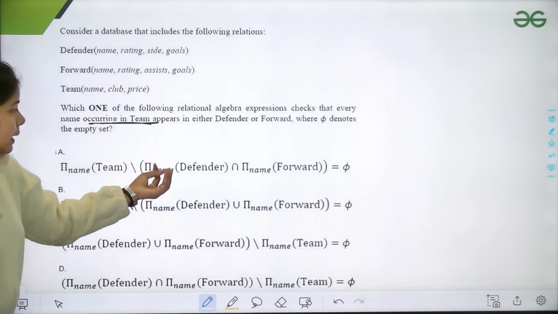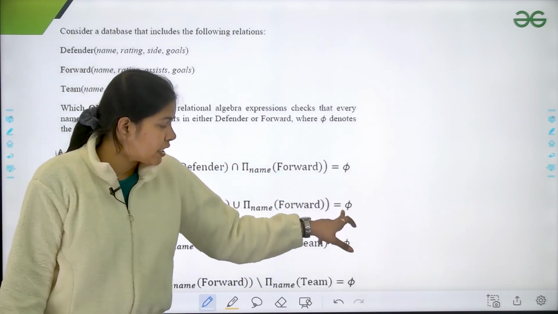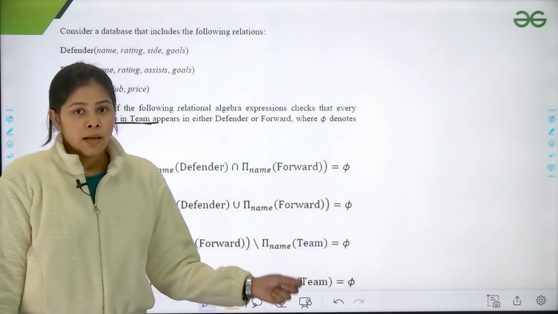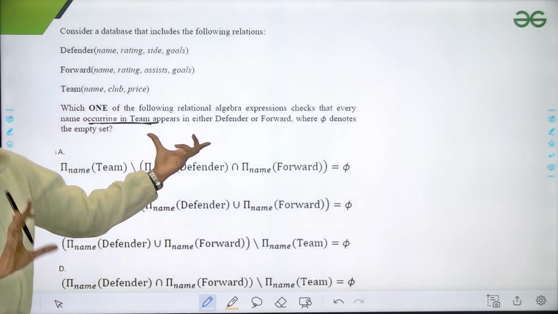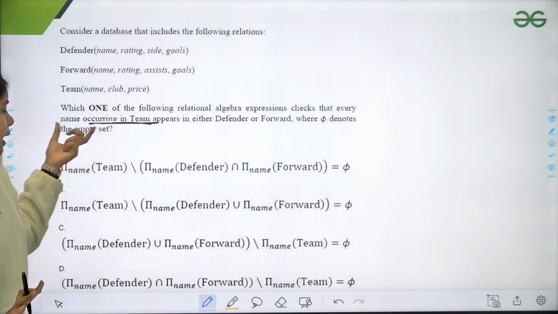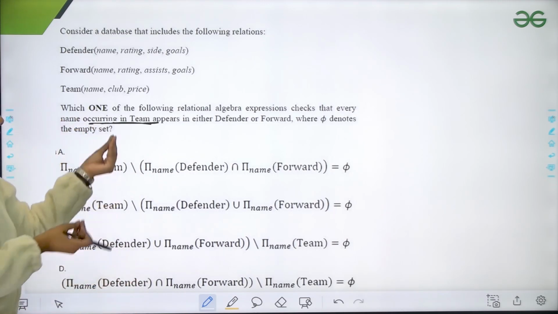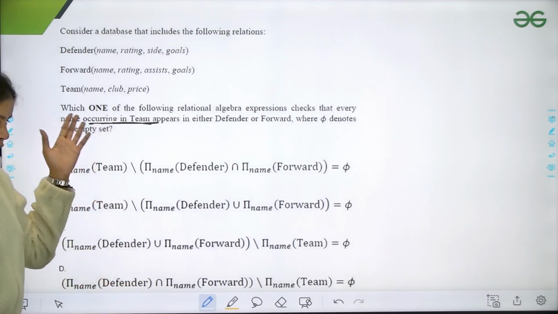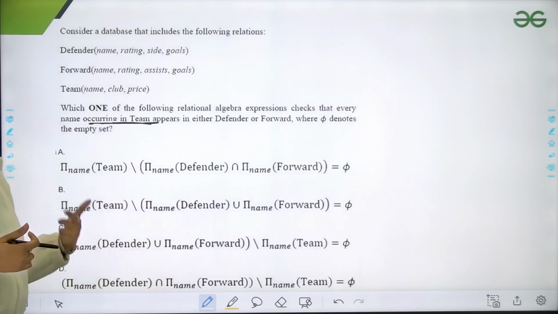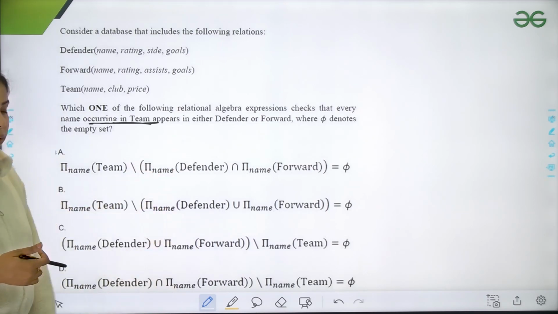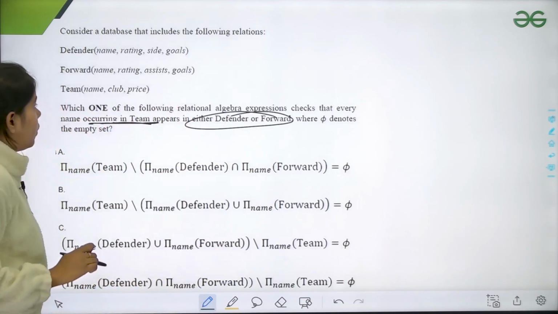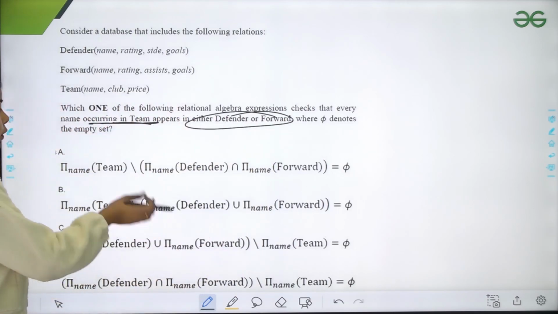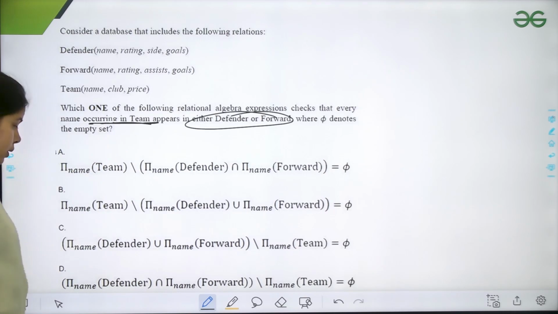So when will I get this? You can see that on the right side we have given the empty set. So if I remove all the defender or forward names from the team names, then I'll get an empty set. If that query is giving me this result, then I'll say that query is correct, right? So if I remove all the names of defender and forward from the team names, then the team would be empty. So you can see which option gives you the correct answer.